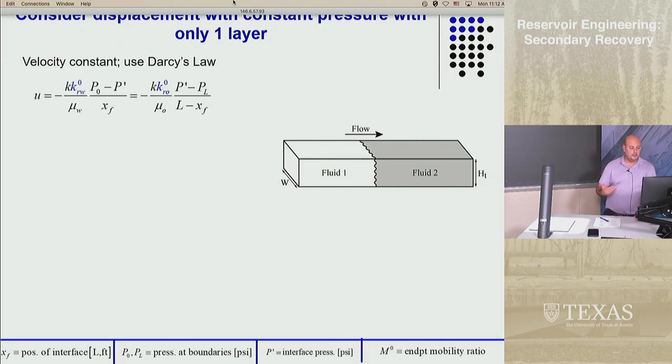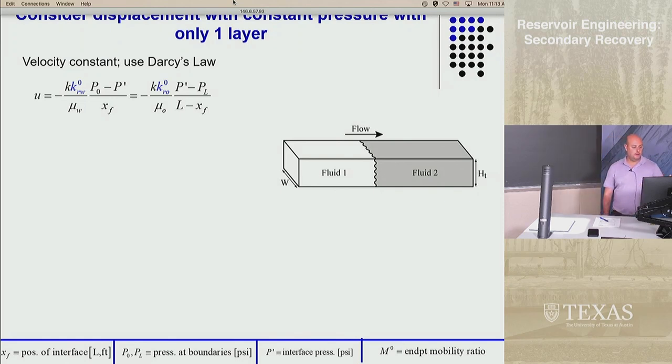Okay, but mathematically, what we know is that the Darcy velocity is proportional to pressure gradient by Darcy's law, right? And because this is multi-phase flow, I've got to include my relative permeabilities. Okay, I put those in blue because I left them out in the original slides. I'm going to correct that on Canvas.